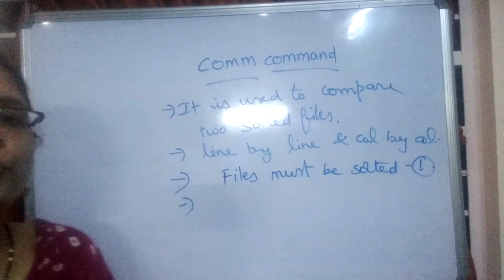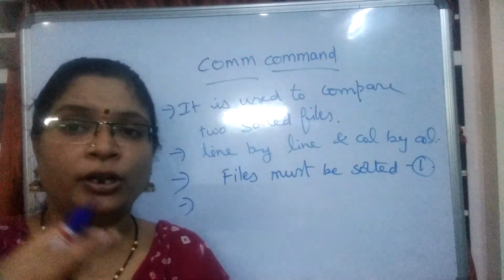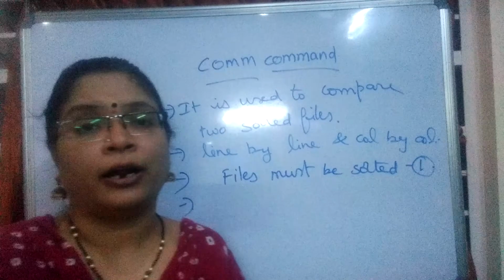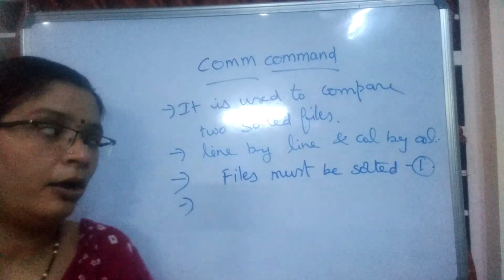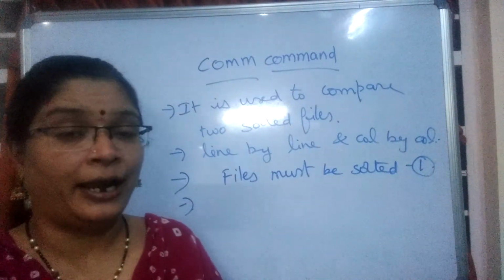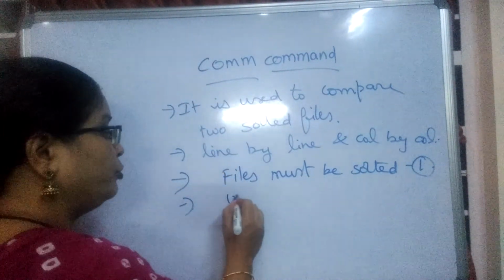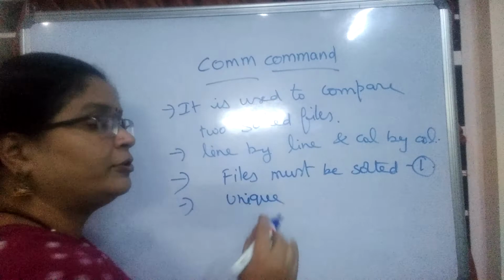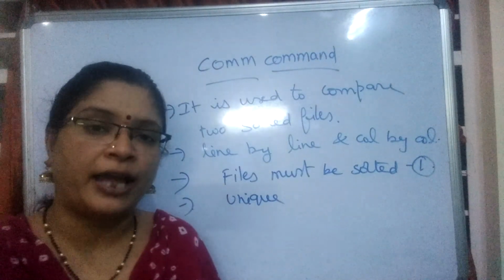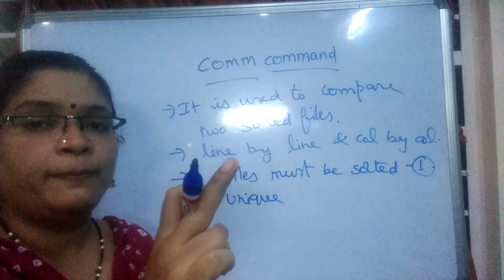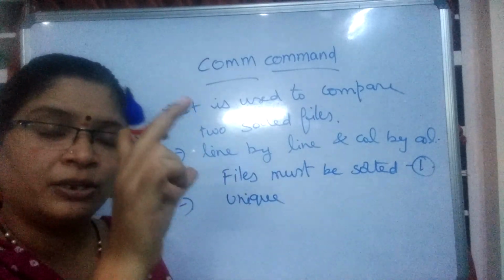And the second rule to be remembered is that whatever data, whatever lines are contained in the files must be unique. Unique means there is no repetition of any line. Whatever line you have typed in that particular file must appear only once.